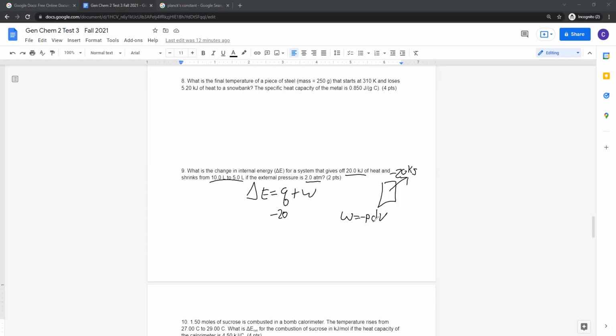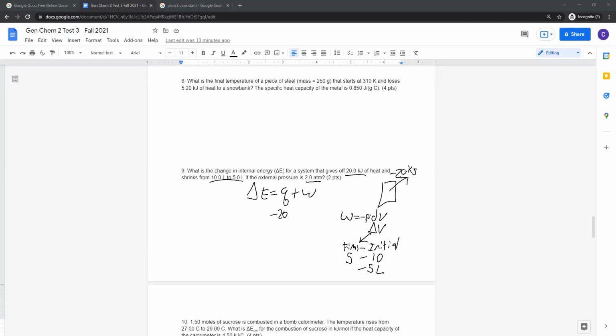So you'll either see it written as dV or triangle V. Anytime you see delta like this, that's always final minus initial. So my change in volume is, my final is at 5, and initially I was at 10. My change in volume was negative 5 liters. I shrunk 5 liters.